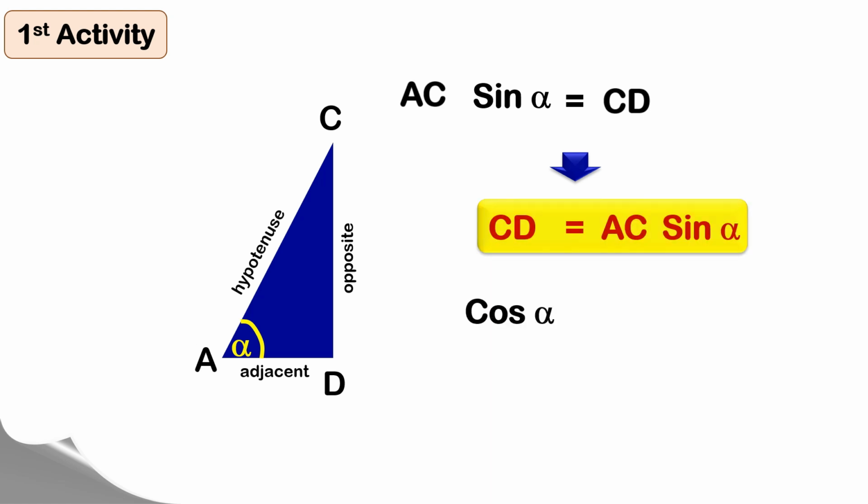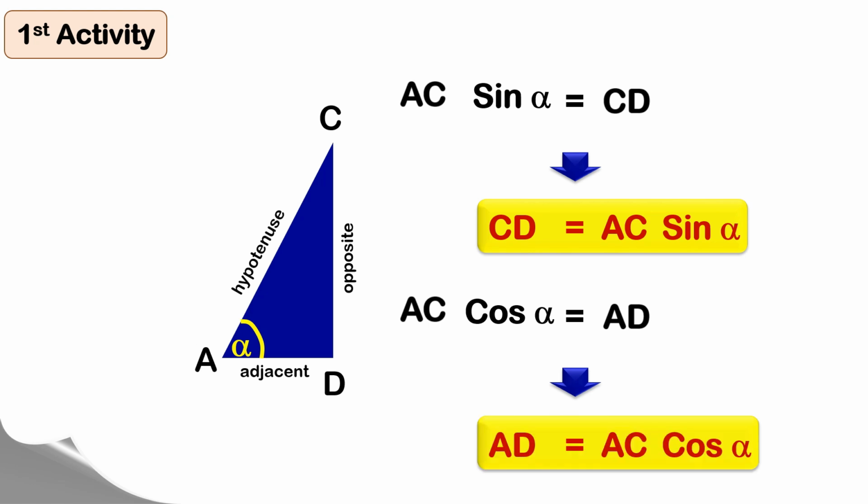And then cos alpha is AD over AC. The form of multiplication is AD is AC times cos alpha. We check the two equations first.